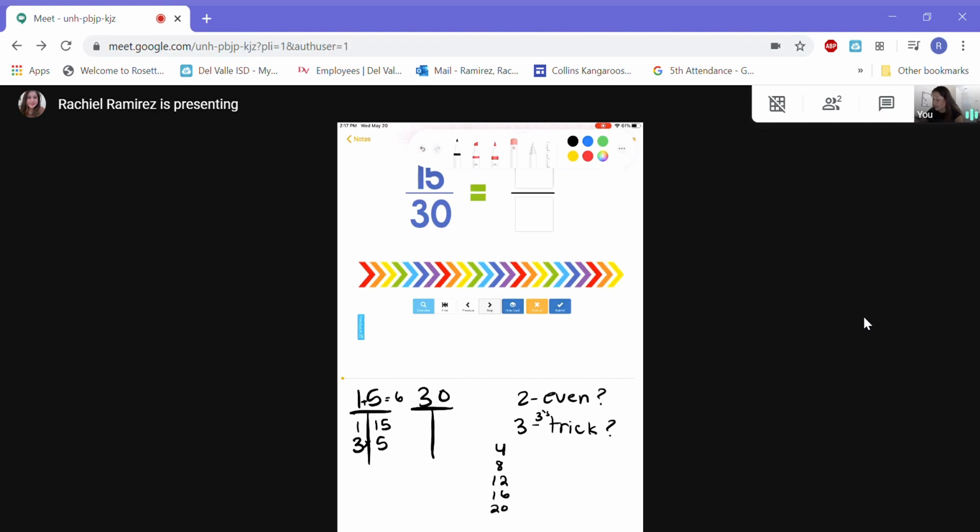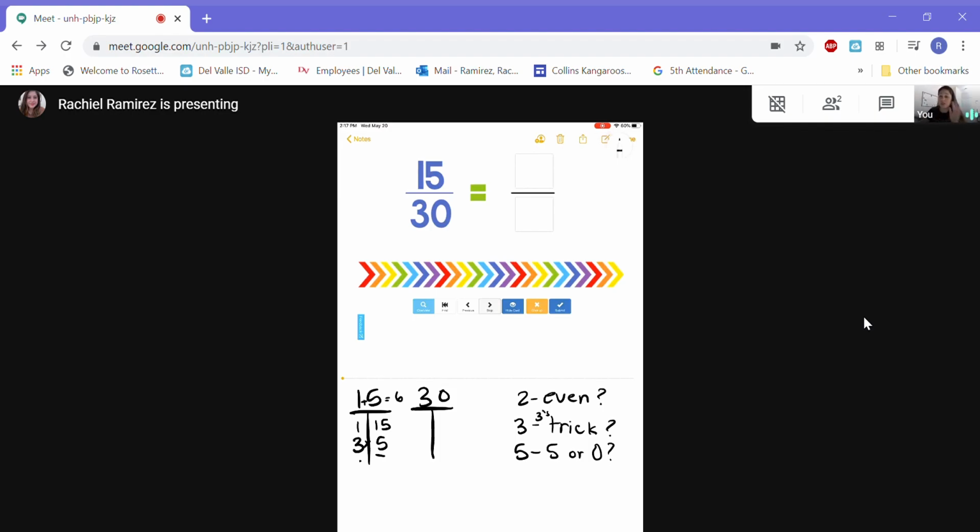Does 15 end in a 5 or 0? Yes, it does. So 5 is a factor. However, if you notice, it is already in the table. So that means that we are done with all the factor pairs. Those are all the factor pairs for 15.